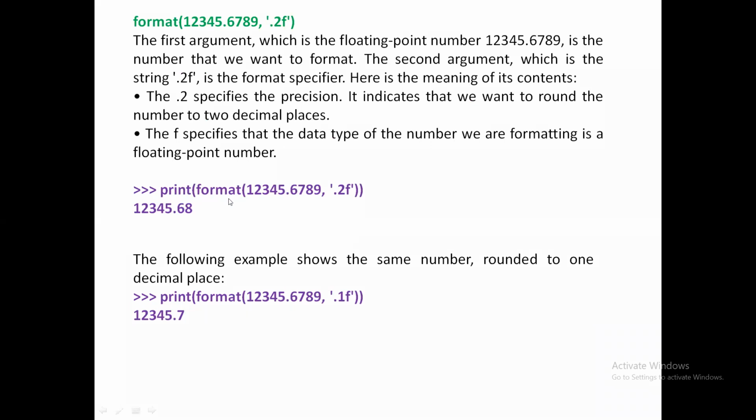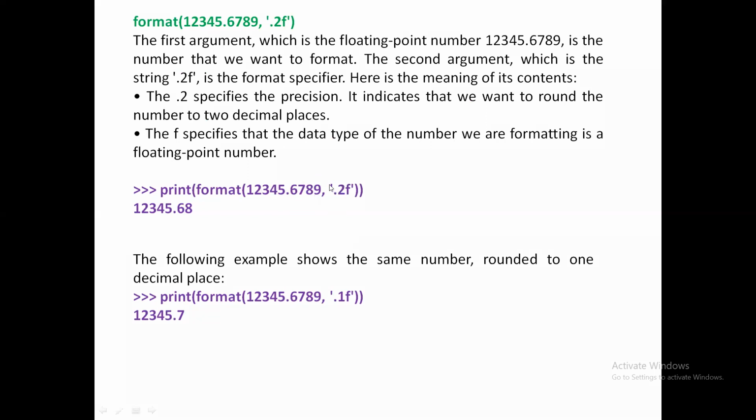So print of format of, suppose this is my number I want to display, 12345.6789, and look at this second option. The second option specifies the format to be applied on the corresponding number, that is, how this number has to be displayed.